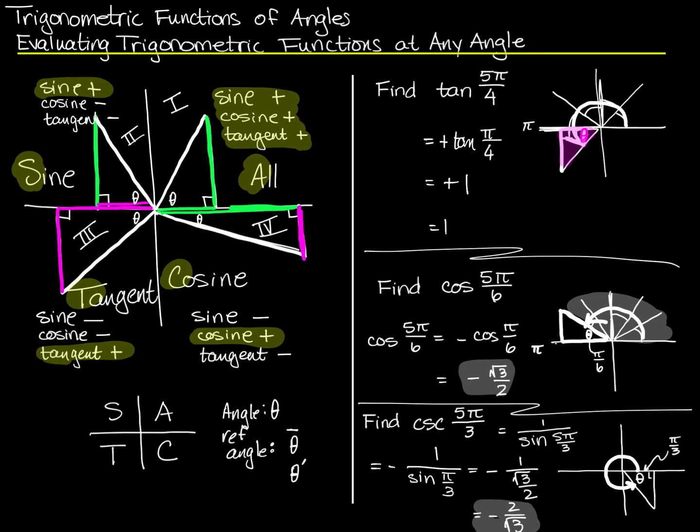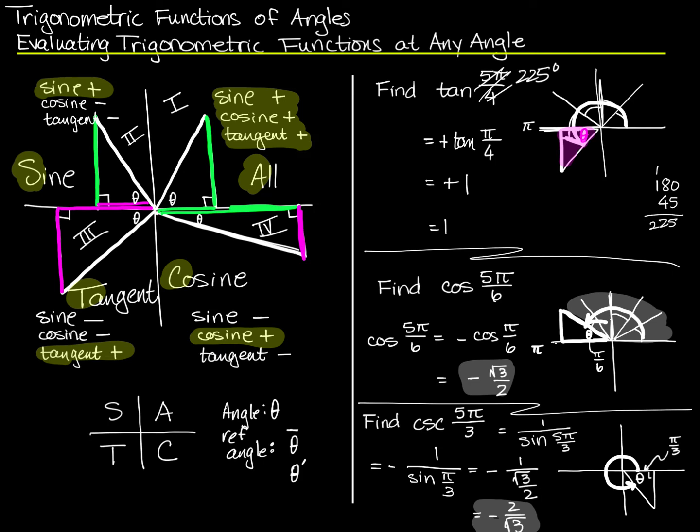The one other thing that I would point out here is that I've done all of my examples in radians, but the same thing applies in degrees. For example, this one here could very well have been written as find the tangent of, I have to think about this now, 180 plus 45 is 225. So find the tangent of 225 degrees, right? I could have written it that way instead.